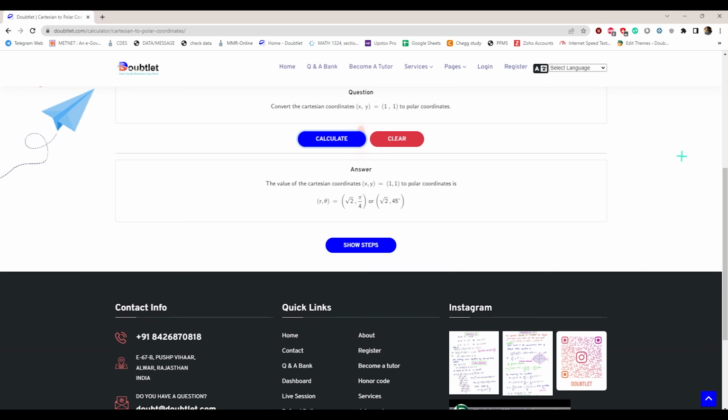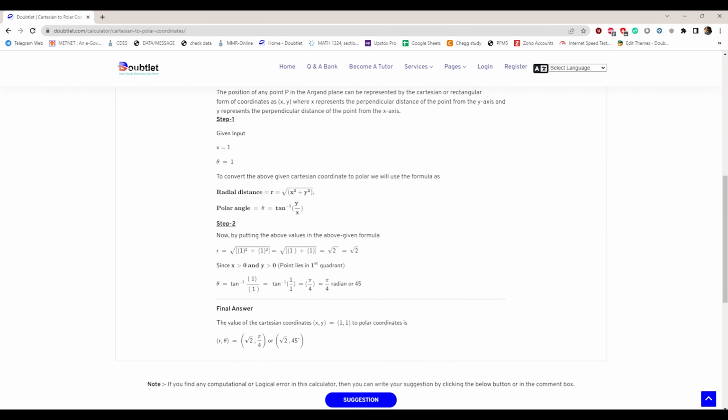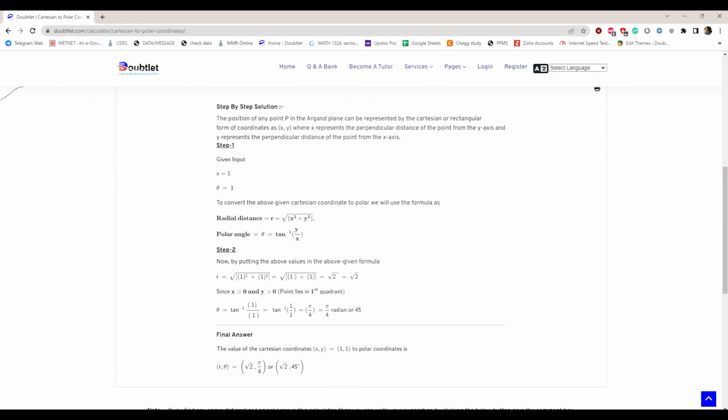If you want to see the full steps, click on this button. Here the full steps are displayed. Each and everything has been written by me, taking care of proper steps. Here is the answer, pi by 4 radians or 45 degrees, and root 2 is the radial distance.